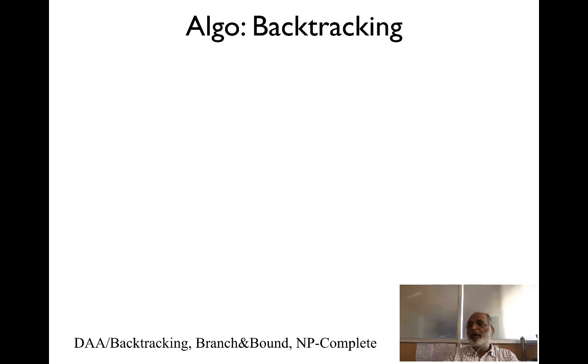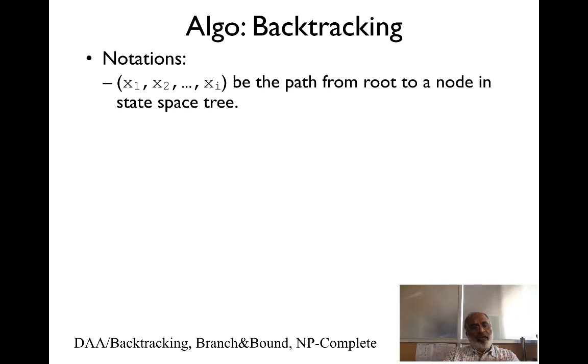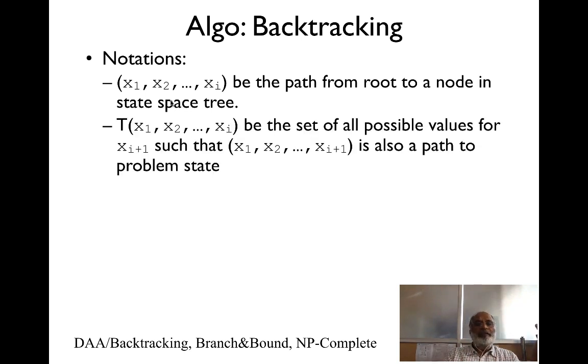Primarily, in backtracking we start from the root node and build it up. We use a notation. x1 to xi is the path up to the first i variables, and T(x1 to xi) indicates the set of all possible values for the next tuple variable such that x(i+1) is also a path.